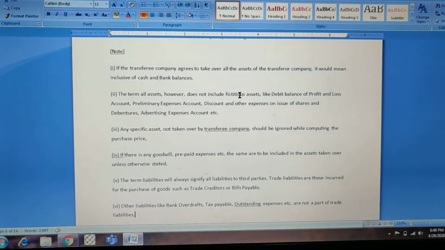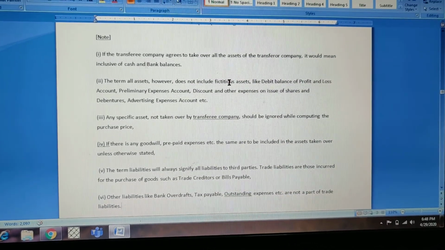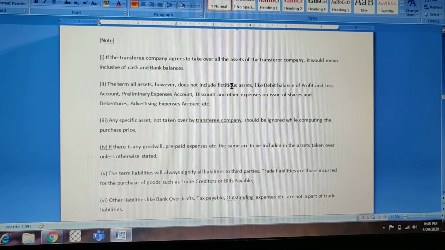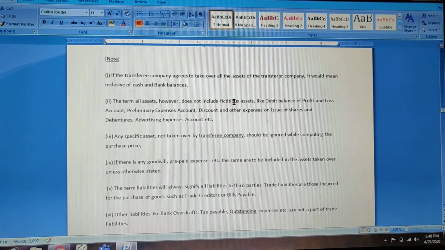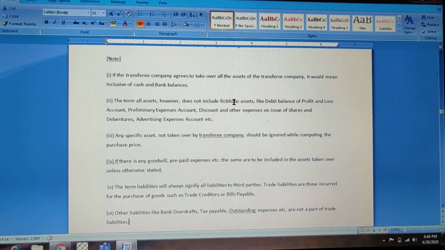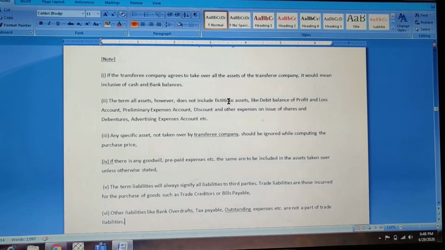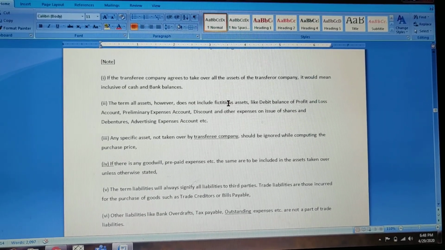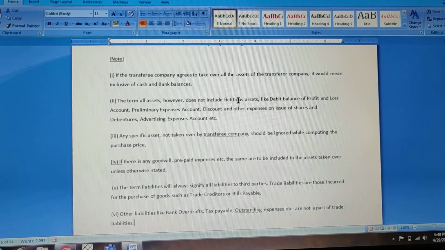Clear? Next point is, the term all assets, however, does not include fictitious assets like debit balance of profit and loss account, preliminary expenses account, discount and other expenses on issue of shares and debentures, advertising expenses account, etc. See, the term all assets means all the assets, which is current assets and fixed assets.